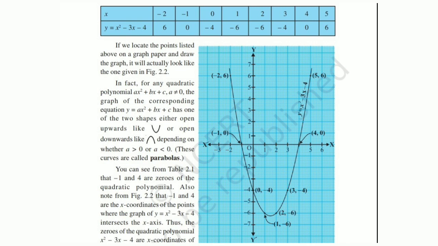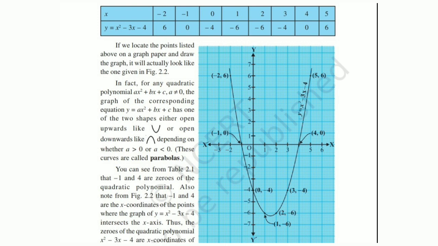The second picture on the screen is a graph of a quadratic polynomial. When we take x values and y values as shown in the table above the graph, we get so many points. When we plot these points on a graph paper, we get a U-like shape. This can open upwards or open downwards depending upon the value of the coefficient of x square, that is a.